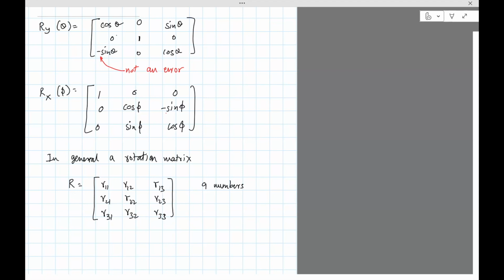Well, it turns out that a rotation matrix like the one I showed here is constrained in certain fashion, and those constraints come from the properties of a rotation matrix.